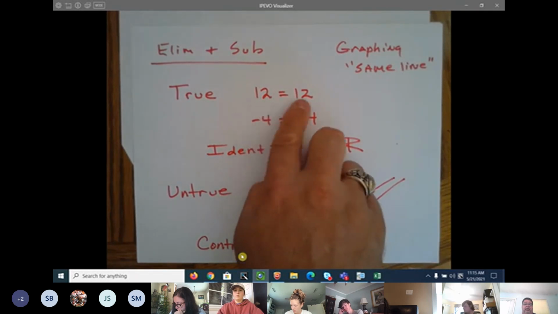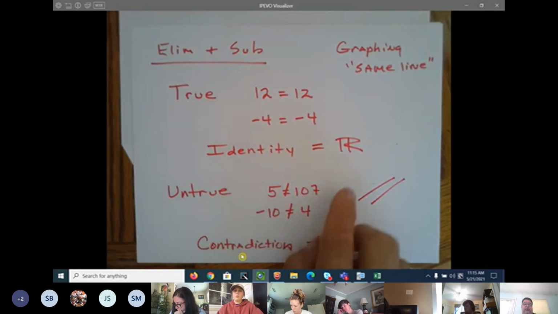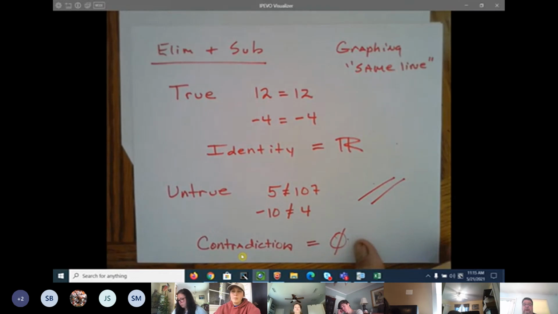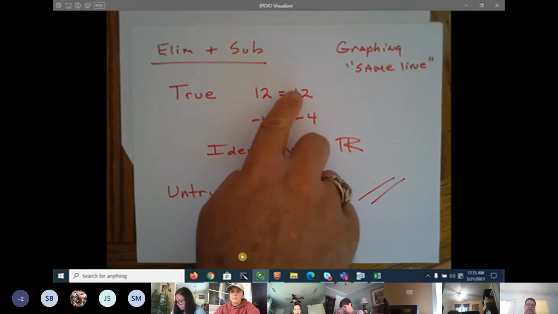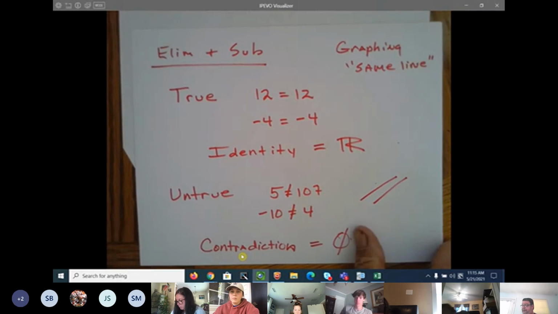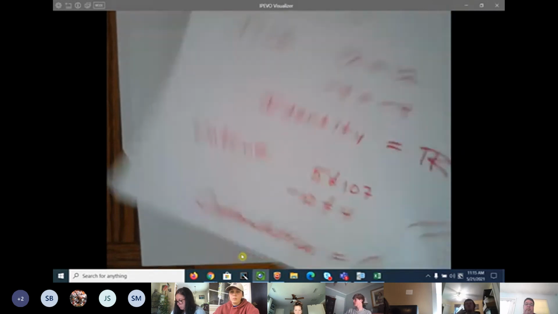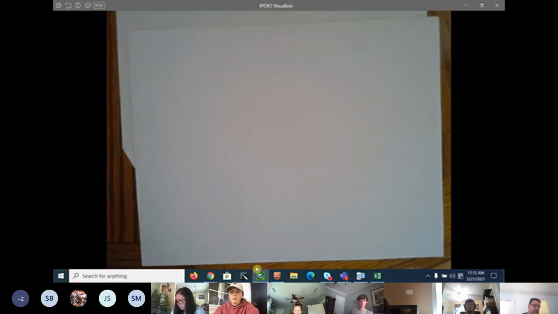If you get something like this, then that means all real numbers. Most of the time, you're going to get X is equal to a number, but sometimes you'll get either this or this. And that's true in any algebra.